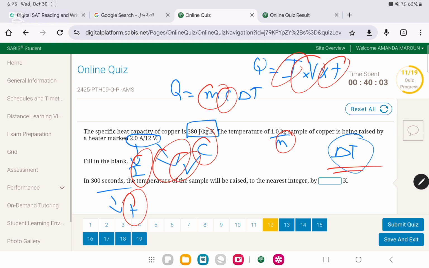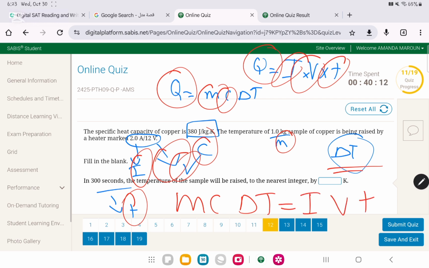So the equation we're going to put is that since Q is equal to Q, mc delta T is equal to I V time. So the mass, which is 1 kg, times the C, which is 380 joules per kg times Kelvin, times the change in temperature that we need to find, is equal to I, the current, which is 2, times V, the voltage, which is 12, times the time, which is 300 seconds.